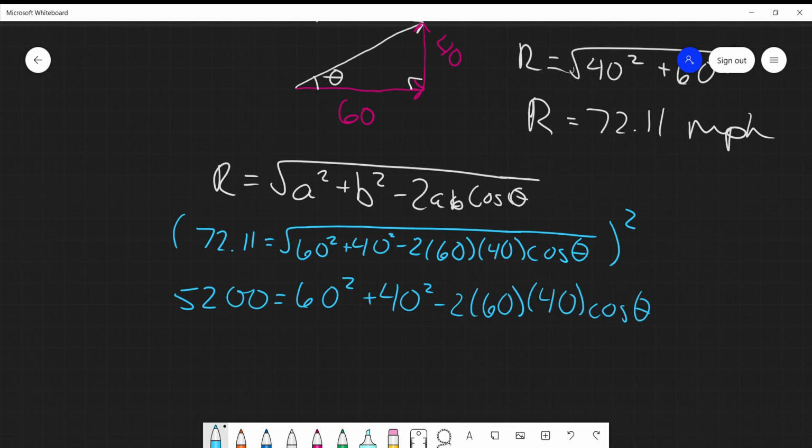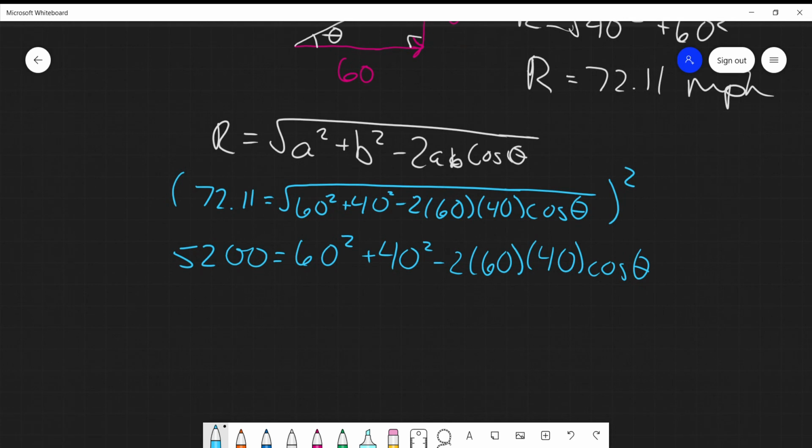Okay, so I'm going to subtract these from both sides, these two right here. And I get, so minus 60 squared minus 40 squared.